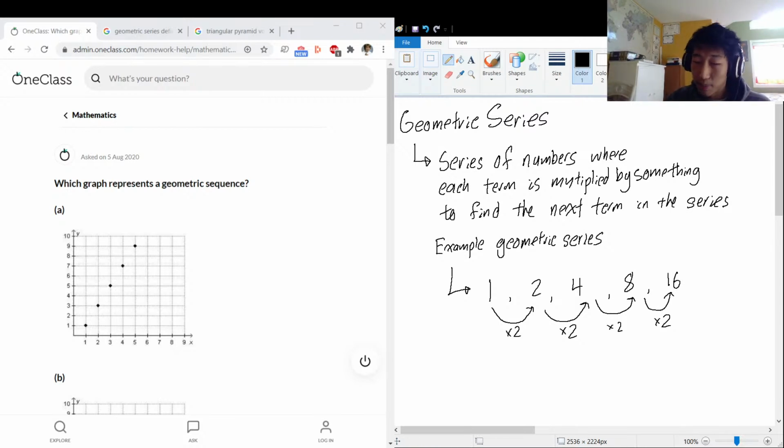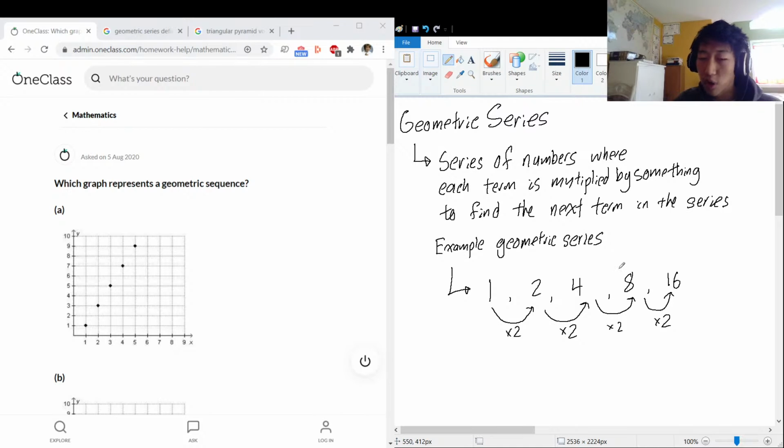So to easily tell if something is a geometric series or not, we can divide the current term by the previous term, if applicable. Of course, we can't do that for the first term. But if we divide them, we should always get the same number, no matter which term we're looking at. 4 divided by 2 is 2. 8 divided by 4, the previous term, is 2. 16 divided by 8 is 2.